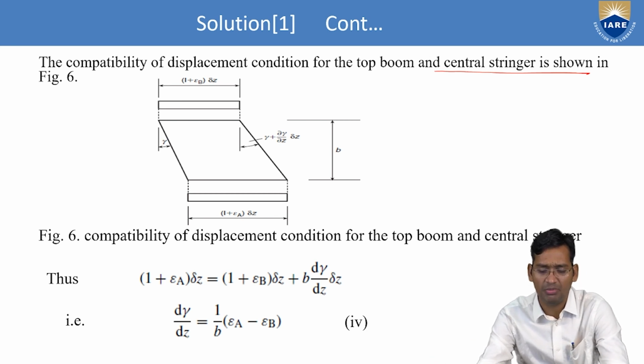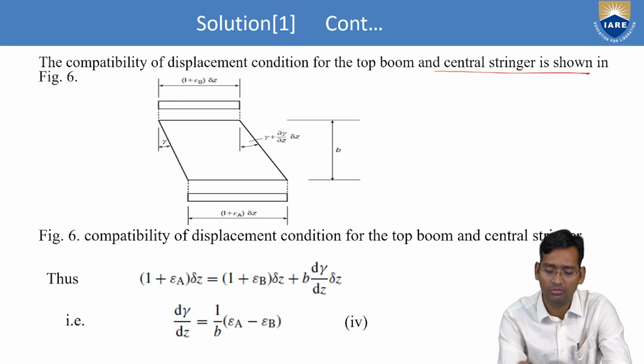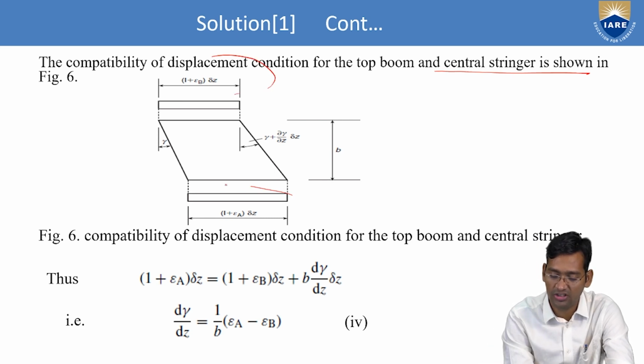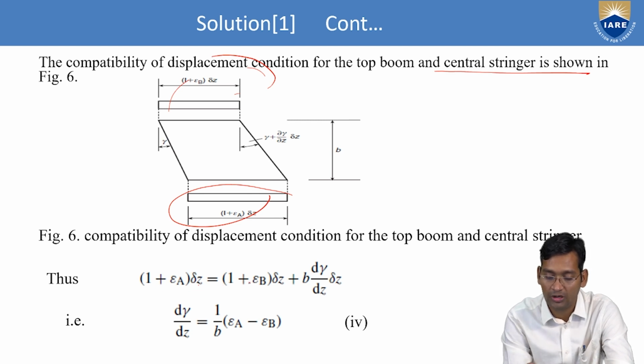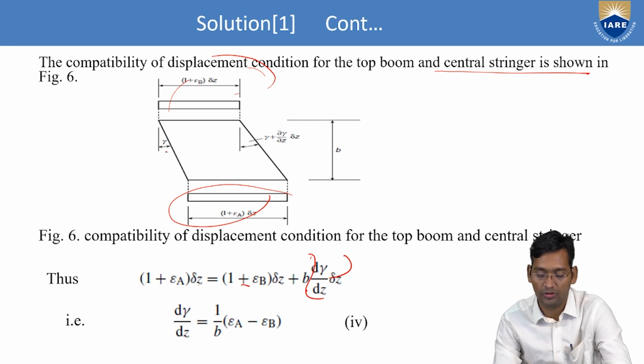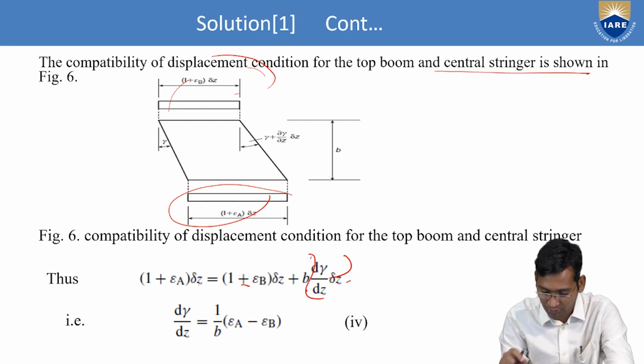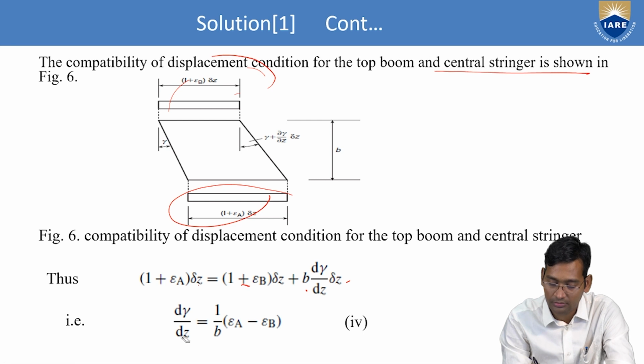Now just apply the same for equilibrium. This will be equal to this total one. So just see, 1 plus epsilon A into del Z equals 1 plus epsilon B into del Z plus B into d gamma by dz into del Z. From here we will find d gamma by dz.